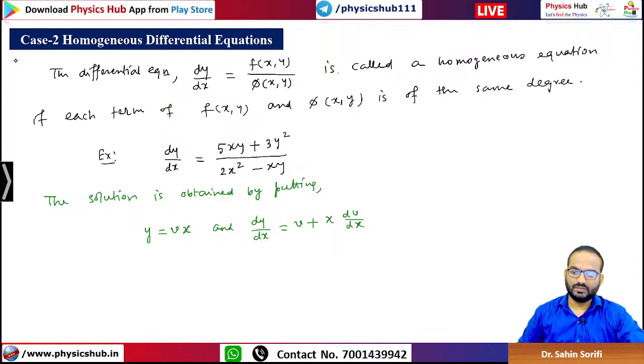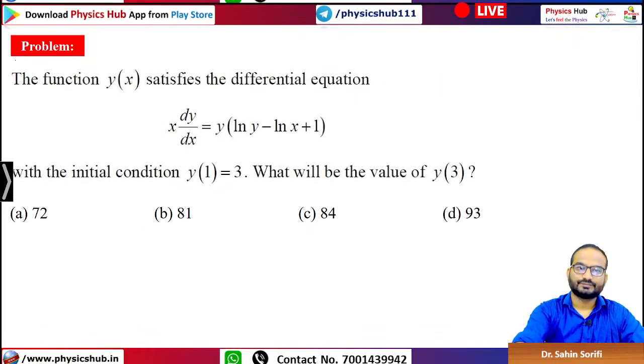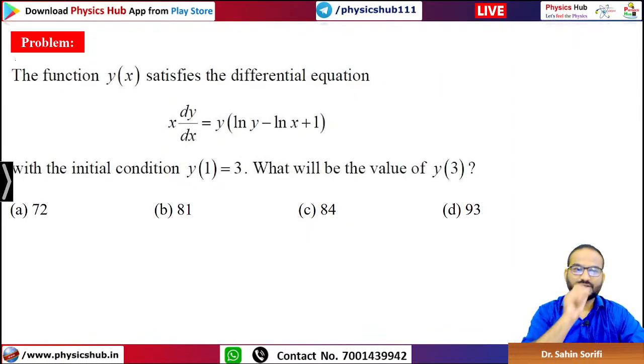Let me give you a problem now. Give this problem a try. The function y of x satisfies the differential equation given here with the initial condition y at x equals 1 being 3. What will be the value of y at x equals 3?